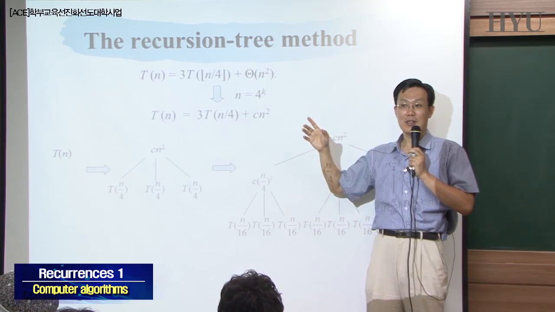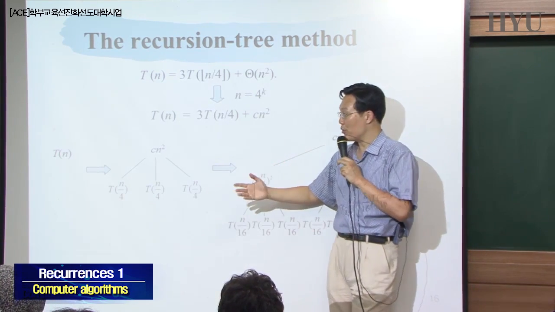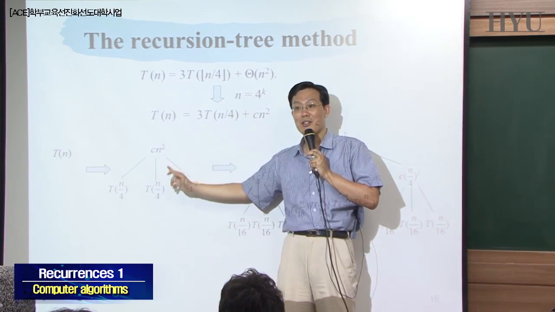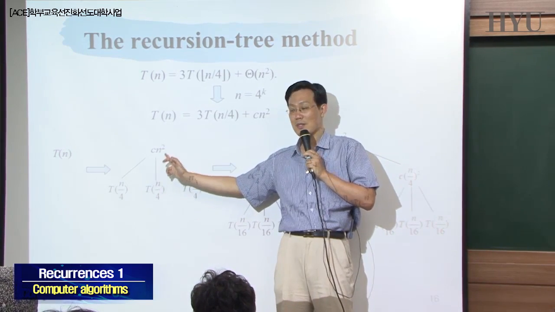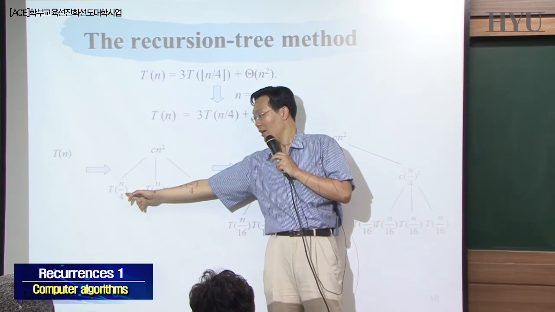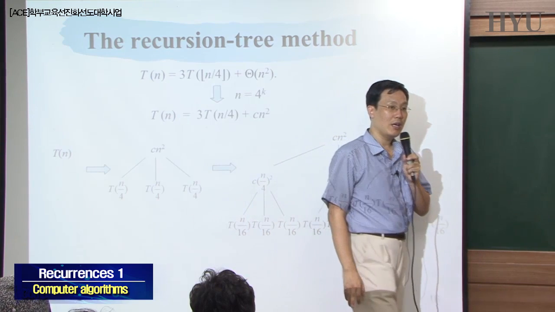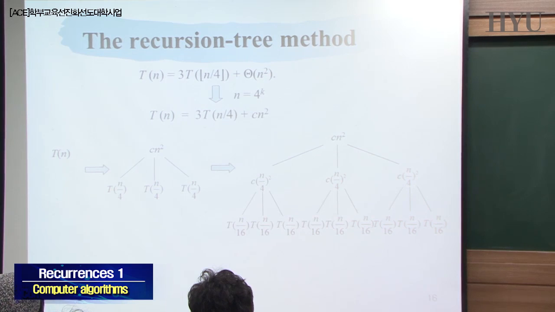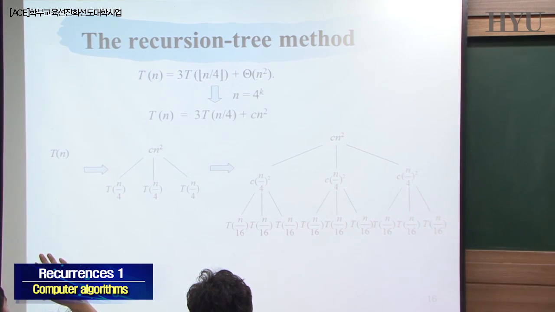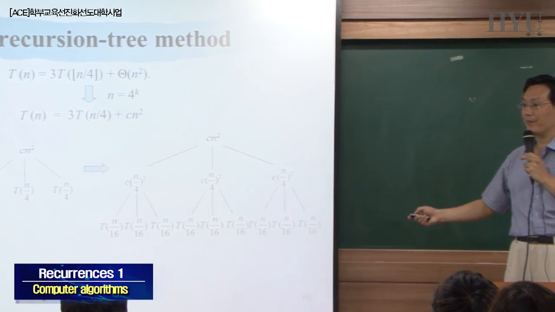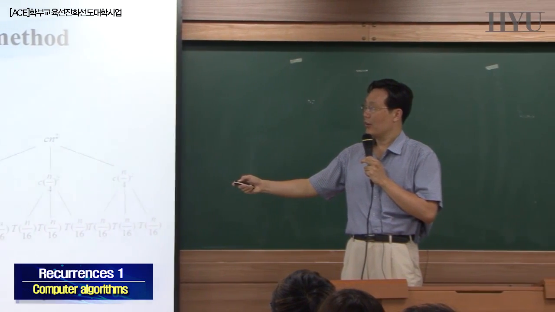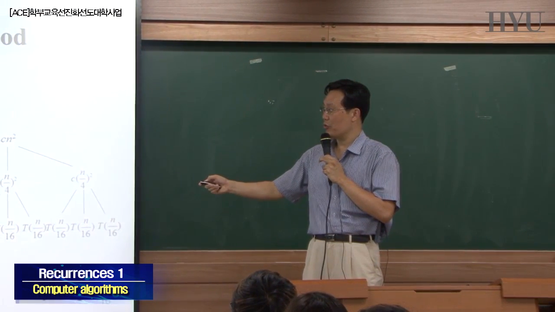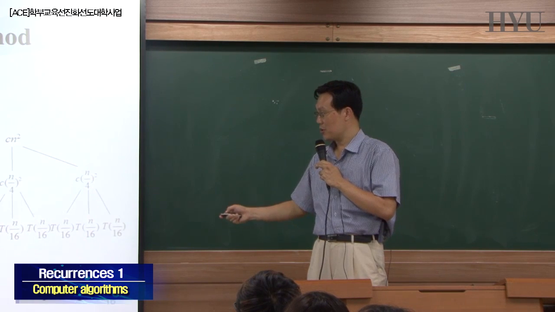So the same idea, but it is represented by a tree like this. Cn squared and 3T of n over 4. And then next step, how can you convert this recursion tree into this recursion tree?